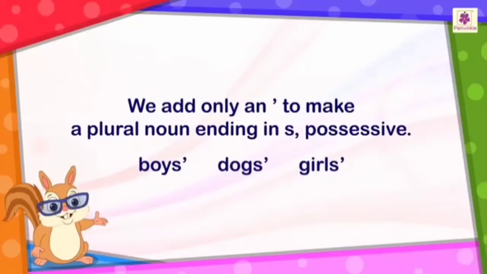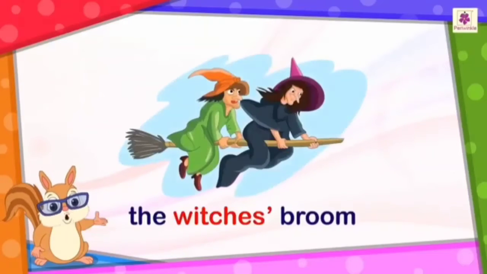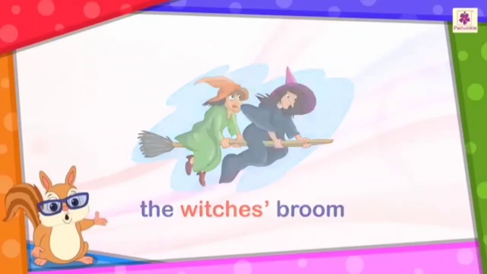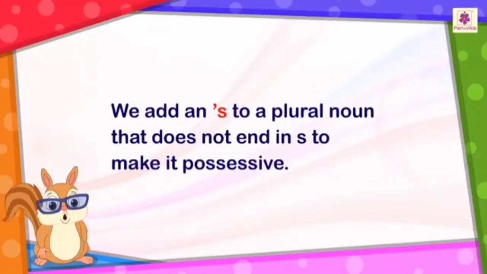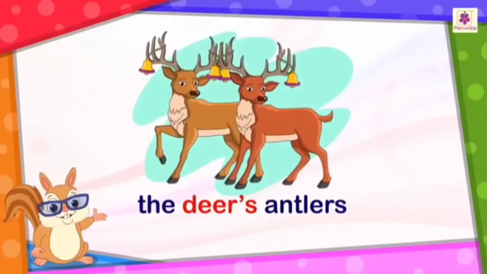We add only an apostrophe to make a plural noun ending in s possessive. For example, the witch's broom. We add an apostrophe s to a plural noun that does not end in s to make it possessive. For example, the deer's antlers.